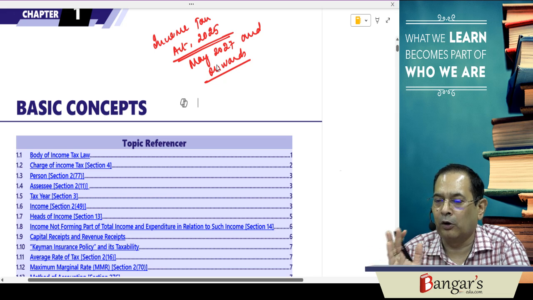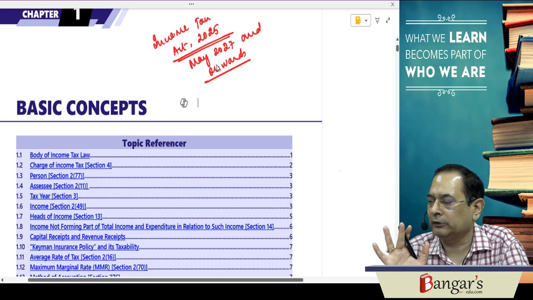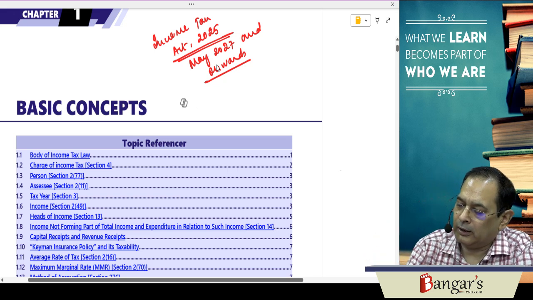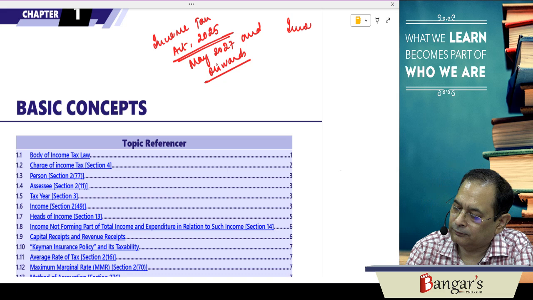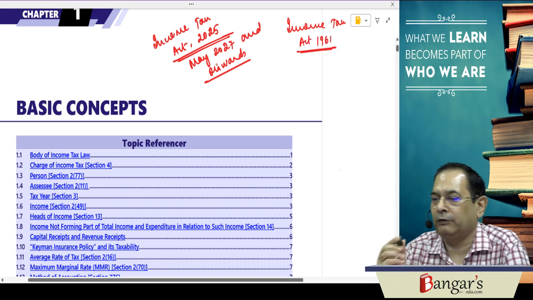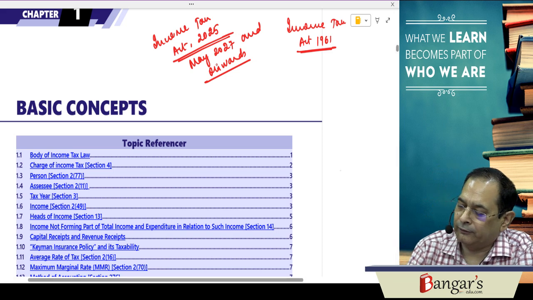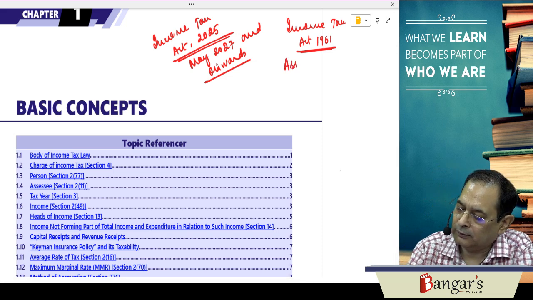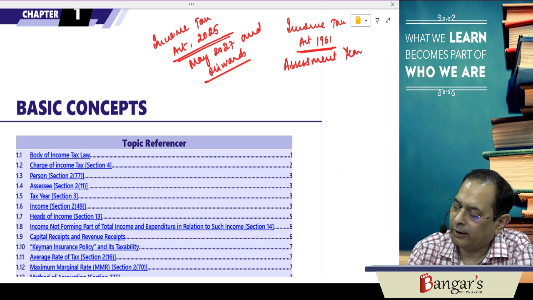Now, what are the key differences which we will be noting? Basic thing is that earlier under the Income Tax Act 1961, we were having the concept of assessment year and previous year.